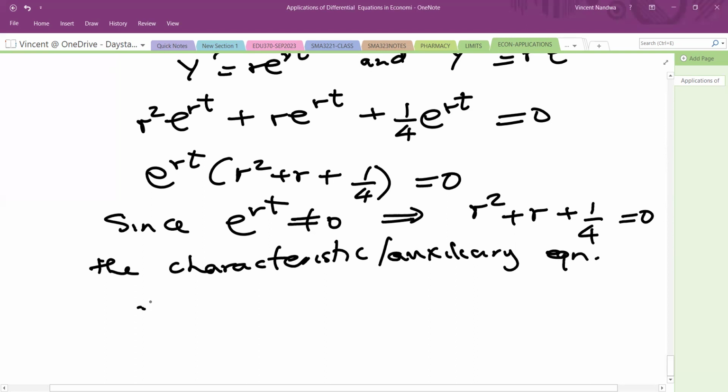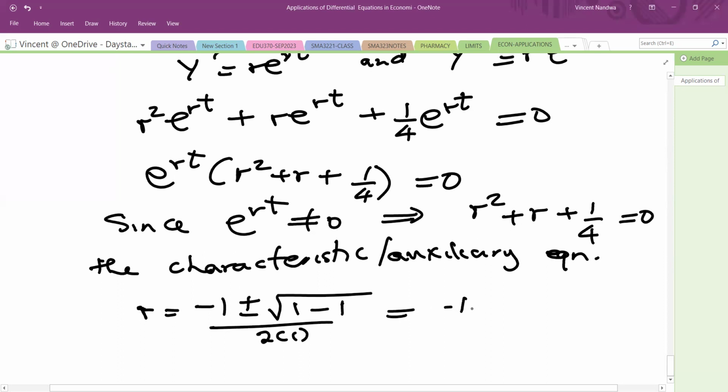Then this is a quadratic, so r will be given by minus b, which will be minus 1, plus or minus square root of b squared, 1 squared is 1, minus 4ac, 4 times a quarter times 1 is 1, over 2 times 1, which will be minus 1 plus or minus 0 over 2, which will be minus a half.